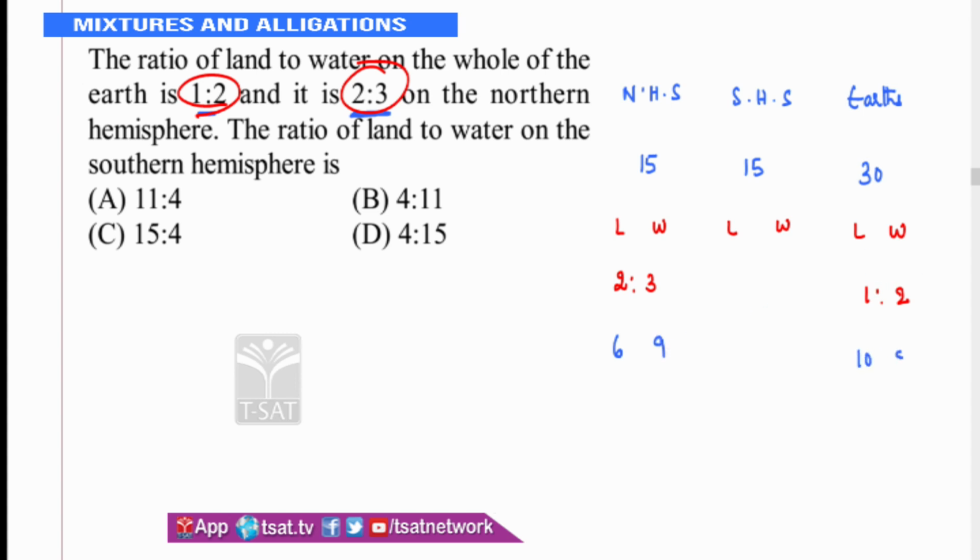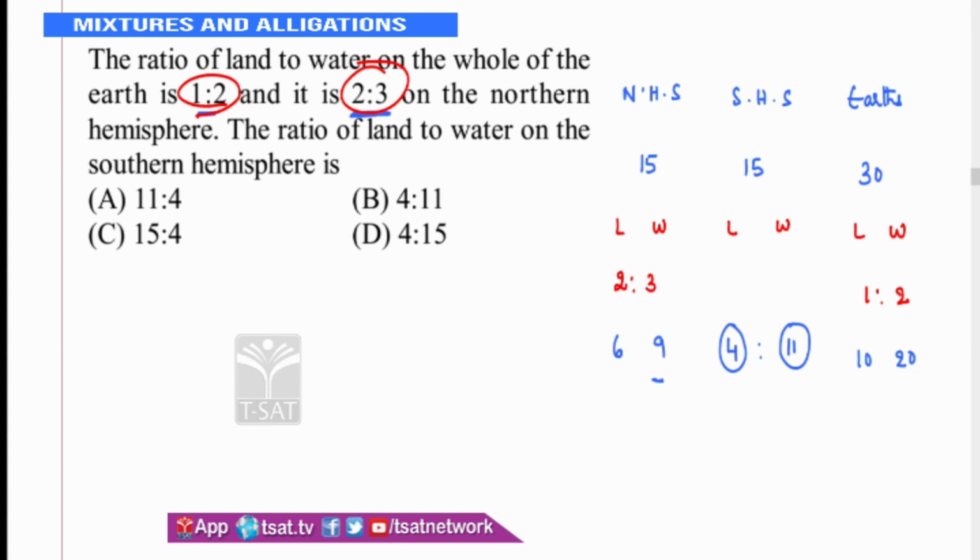Therefore, 10, 20. I would say 6 plus something must be 10 because whole land is 10. On the northern hemisphere it is 6. 6 plus how much is 10? 4. 9 plus how much is 20? 9 plus 11 is 20. Therefore, on the southern hemisphere, the land and water ratio is 4:11.